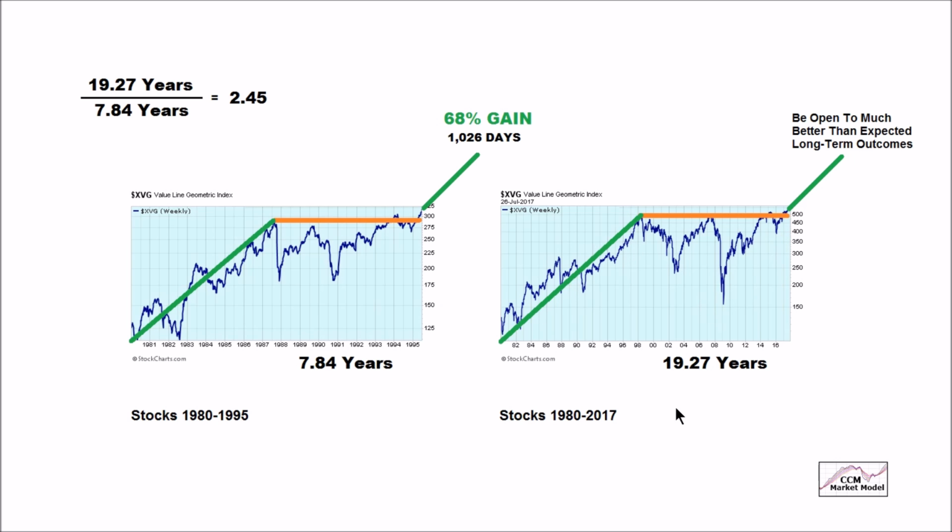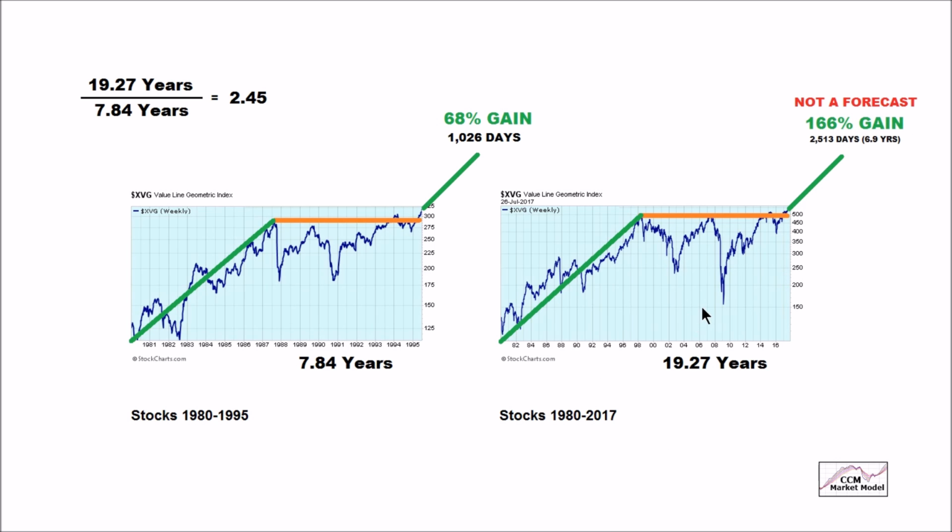If those proportions remained in place, we would expect the gain over here to be larger than this gain, and we would expect the duration in this direction to be longer, just as the duration was longer here. The longer you go sideways, the bigger the move you can expect to get. It applies to percentage gains and duration.